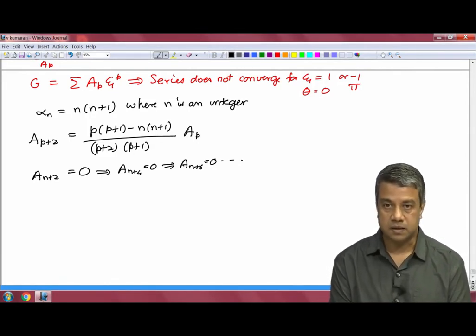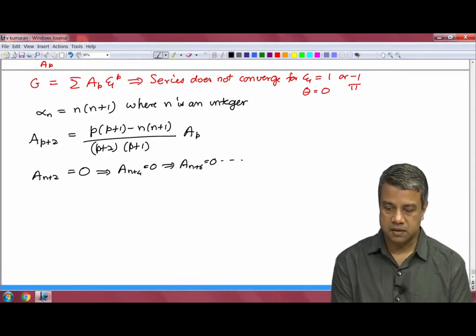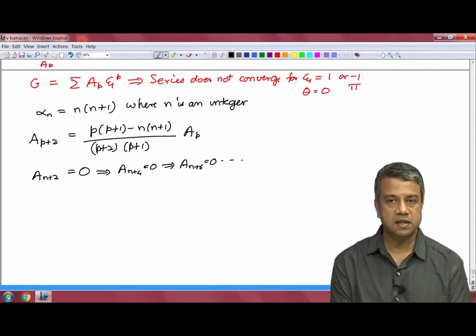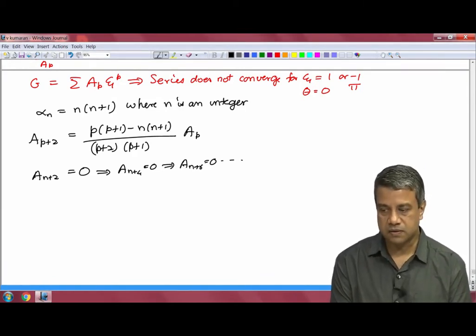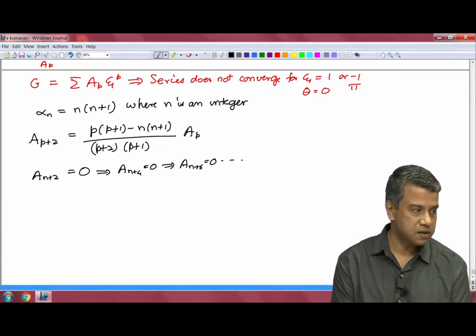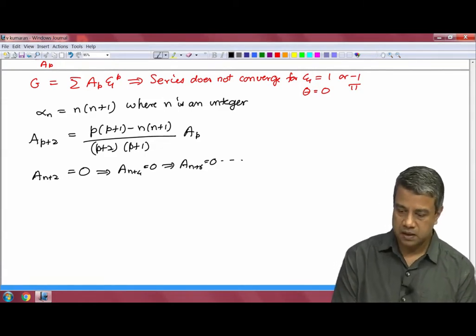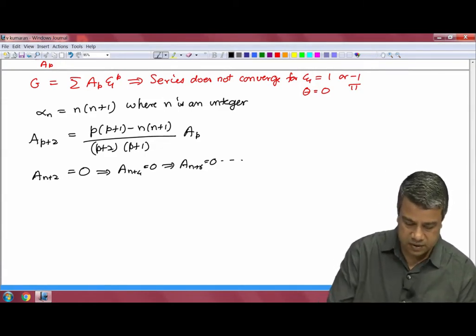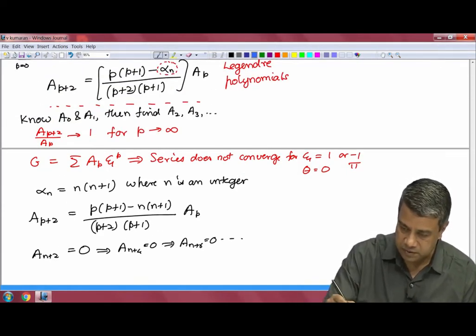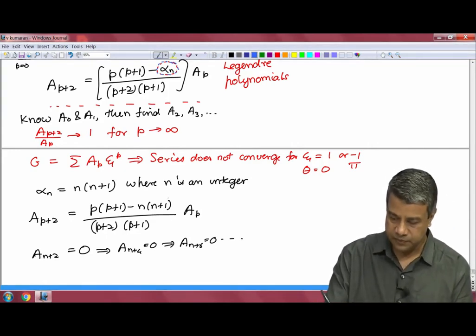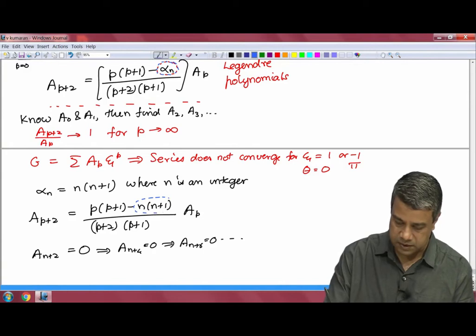All higher terms are 0. So the fact that the series has to converge, has to have a finite result at psi equal to 1 or psi equal to minus 1, fixes the form of this coefficient alpha n as n into n plus 1, where n is an integer.